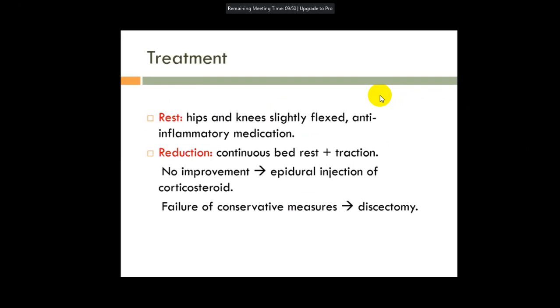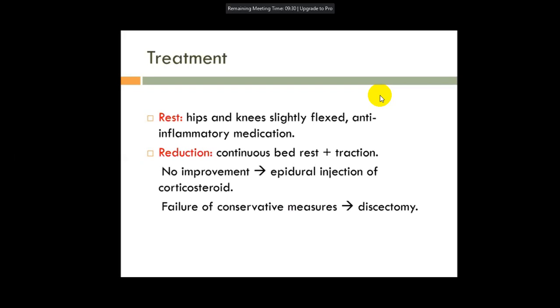The treatment, we said in the rest, patients will have more relaxed position in the lumbar spine disc herniation when they have their hips and knees flexed, and to use anti-inflammatory medication, as we said before. The other parts of conservative management, reduction is not useful, as we said.